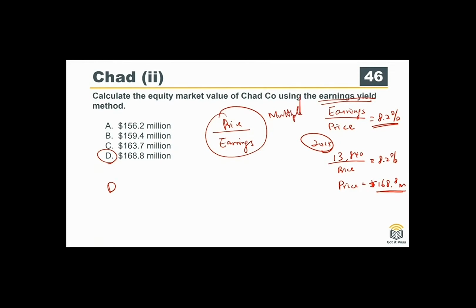For example, if the multiple here is 15 times, we call it the PE multiple, and the reciprocal of the price earnings ratio, or PE multiple, is the earnings yield. It is the earnings divided by the price. It is the same thing, but the presentation is different. So students are reminded to understand these terms well, especially before the examination.